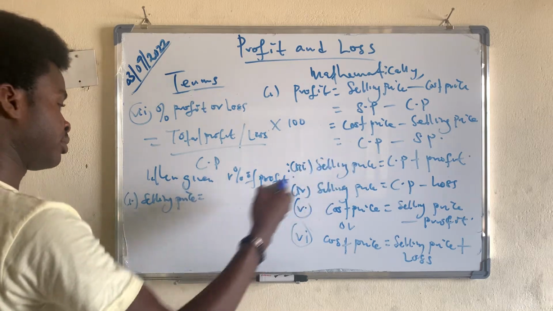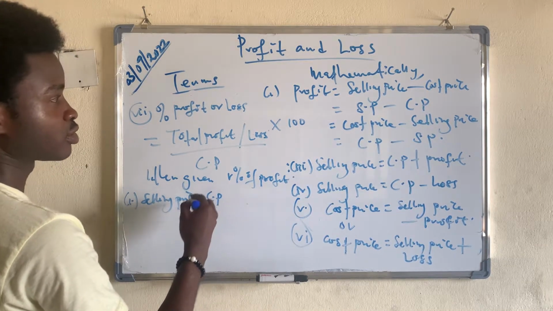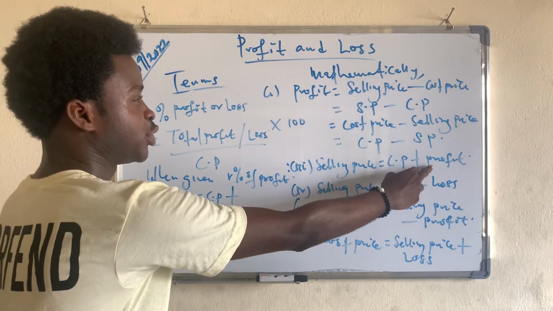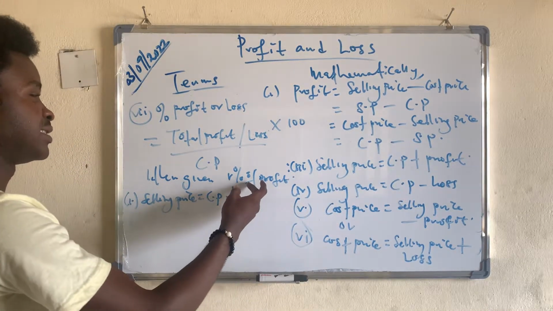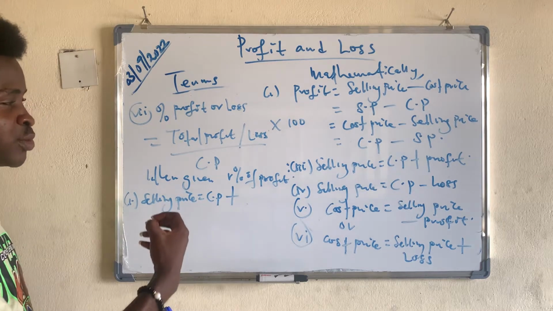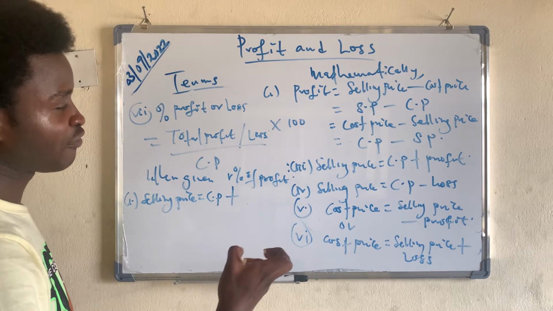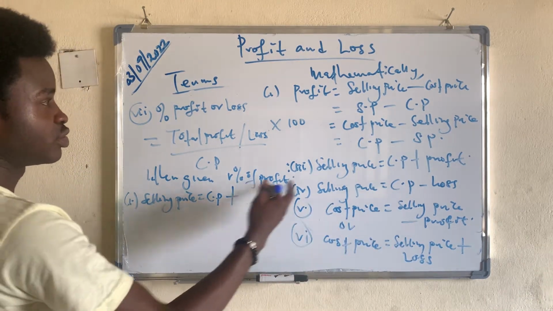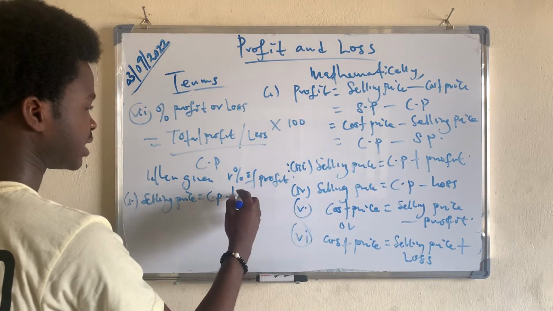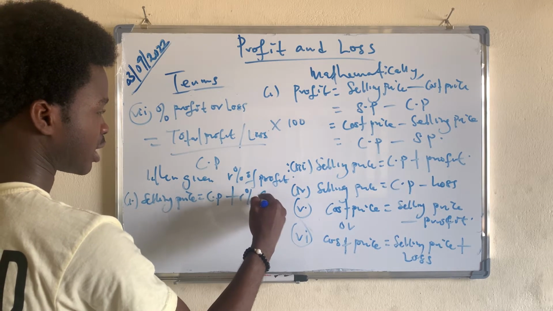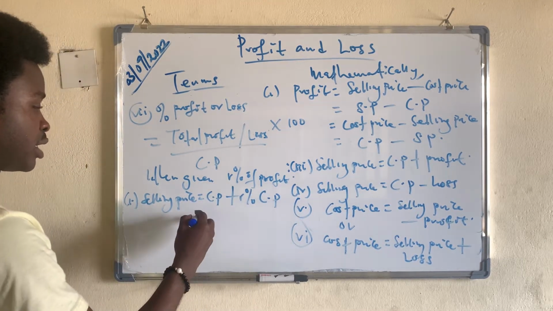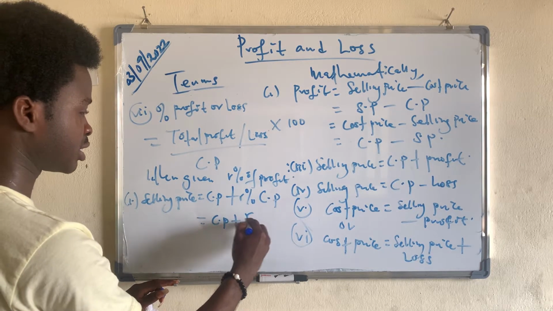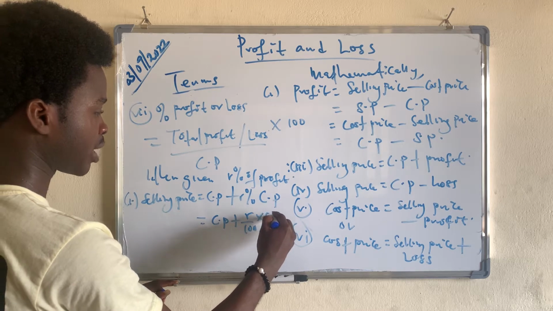While given a percent of profit, we just substitute that as R percent of the cost price. The profit you make is a particular percentage of your cost price. So in place of writing profit, we write R percent of cost price. So cost price plus R percent is the same thing as R over 100 multiplied by cost price.